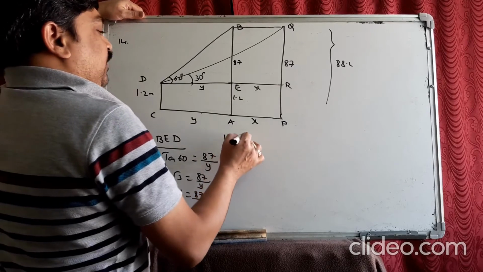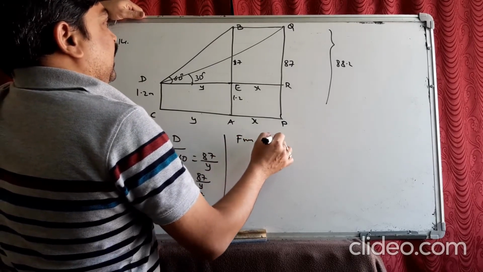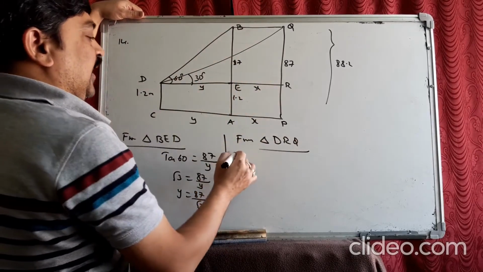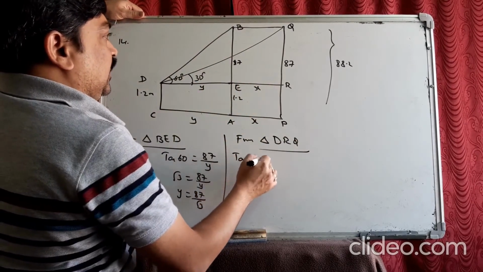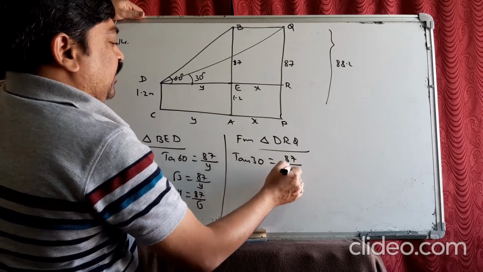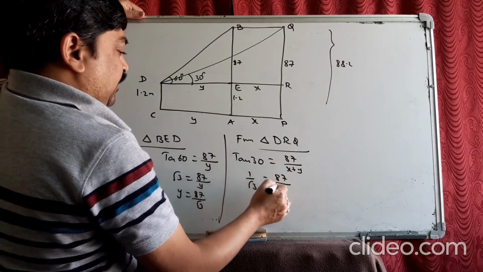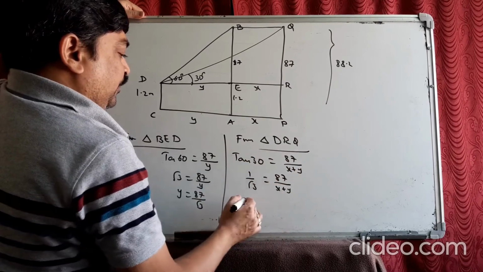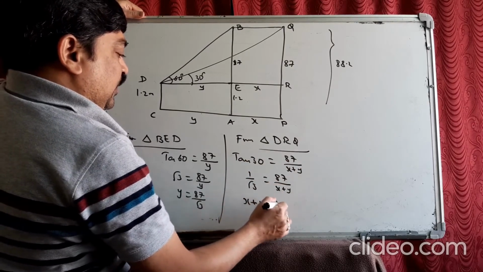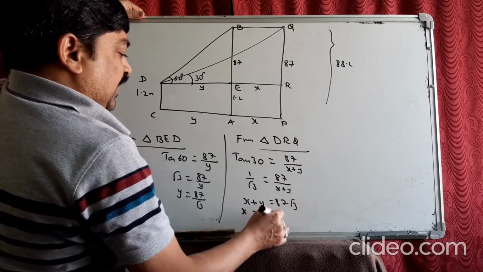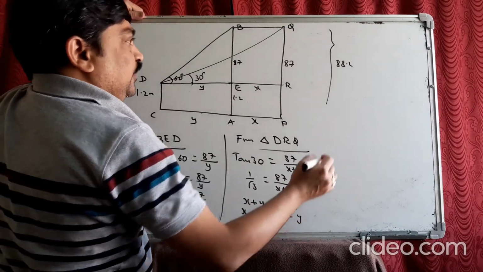So, I take from triangle DRQ, tan 30. Tan 30 is equal to 87 by X plus Y. 1 by root 3, 87 by X plus Y. Cross multiply. X plus Y is equal to 87 root 3. So, X is equal to 87 root 3 minus Y.